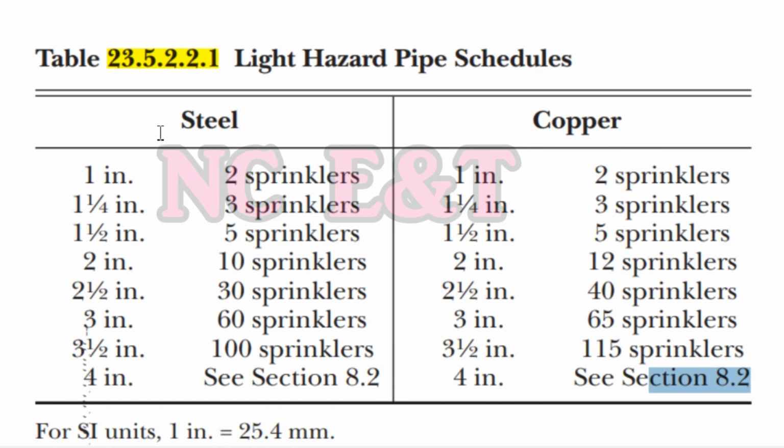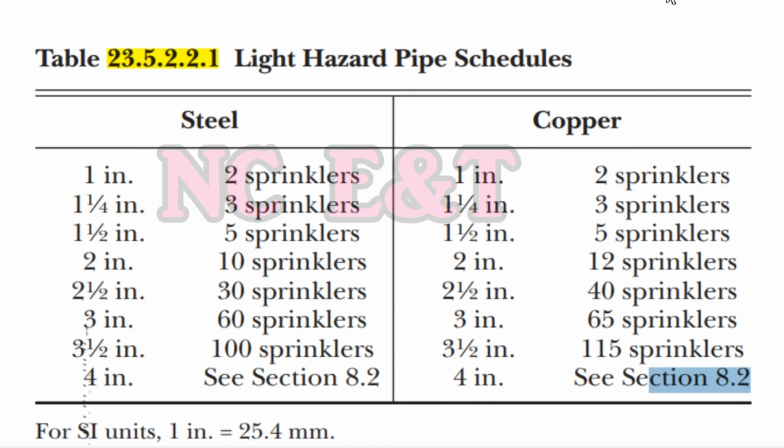So you can see for a steel pipe of schedule 40, we have a predetermined number of sprinklers which we can use corresponding to a specific pipe diameter. Up to 1 inch we can use 2 sprinklers, up to 1¼ inch we can use 3 sprinklers, and up to 1.5 inch we can use 5 sprinklers. For 3 inch 60 sprinklers, for 4 inch we need to follow another section for detail.